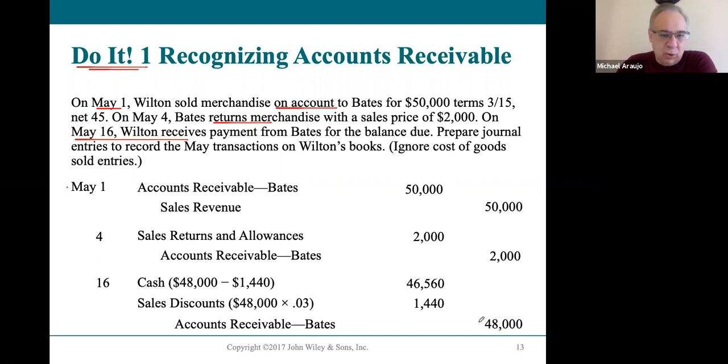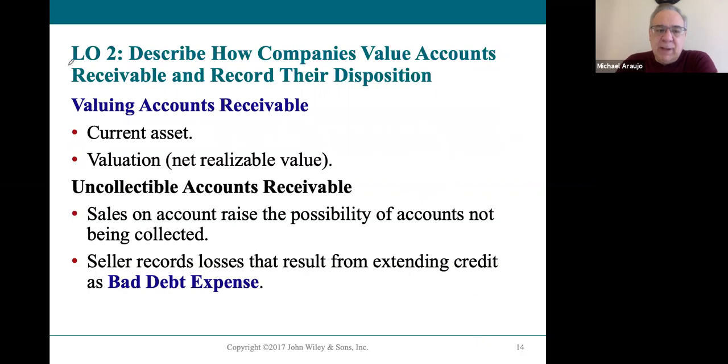No. So this is going to be the focus of chapter 2, right? This is really what it's worth, cash value in essence. So this is part 1. No real big deal about learning objective 1 here. The big deal in this chapter is learning objective 2, because this is how we have to understand that companies have this issue of valuation for accounts receivable.